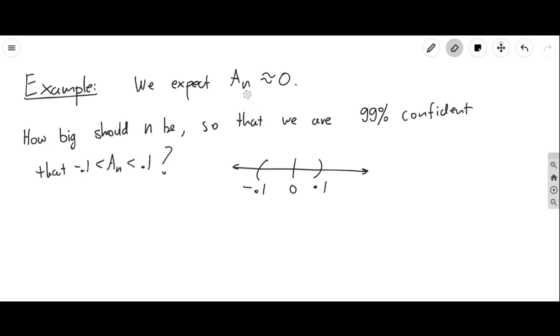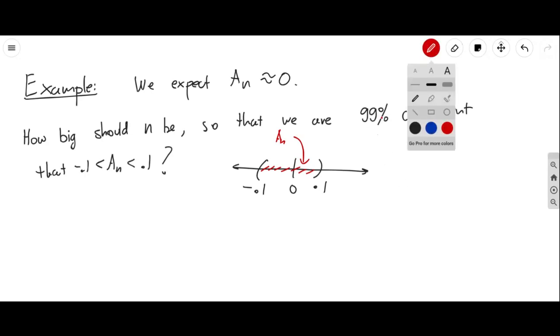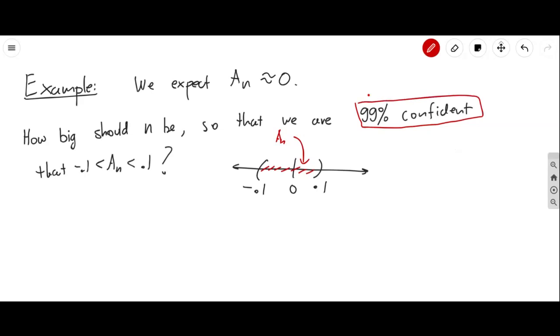And if n is sufficiently large, then we can expect that we will land somewhere in that interval. Maybe we're on the right, maybe we're on the left, but we're somewhere within that interval. And we want to be 99% confident, so this just means the probability is at least 99%. You can measure how confident you are in something by using probability. So that's what we're asking.